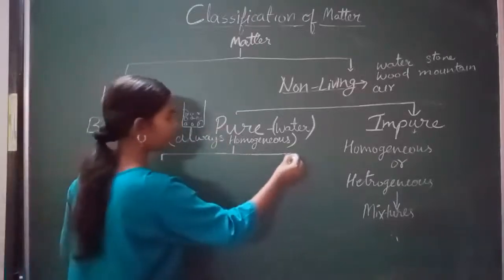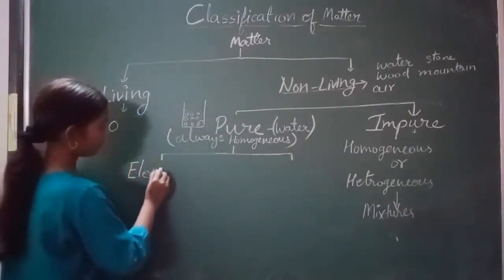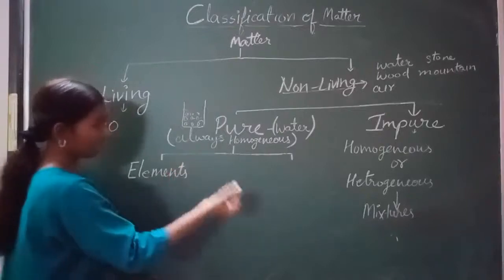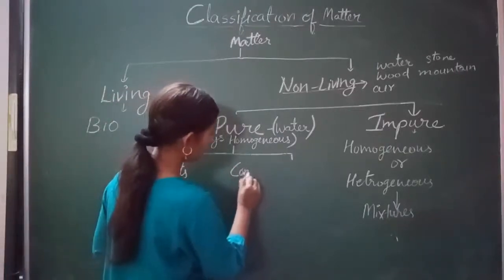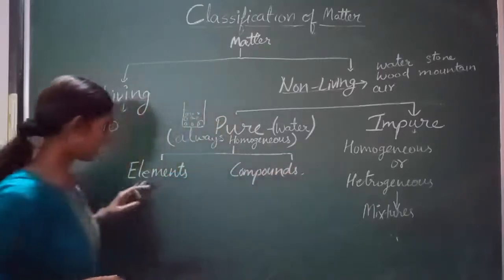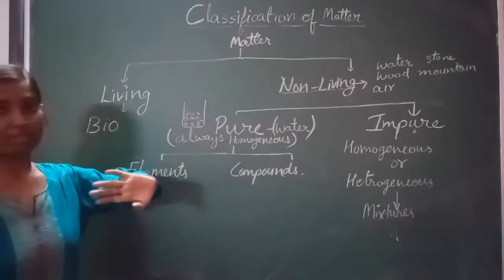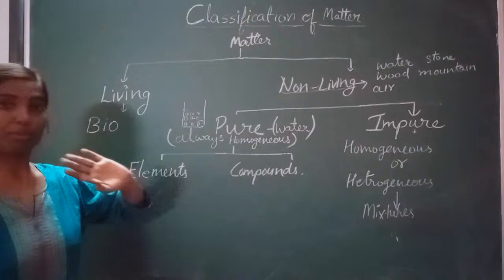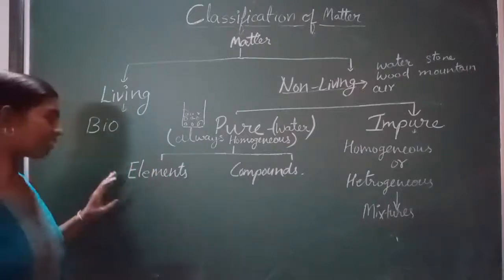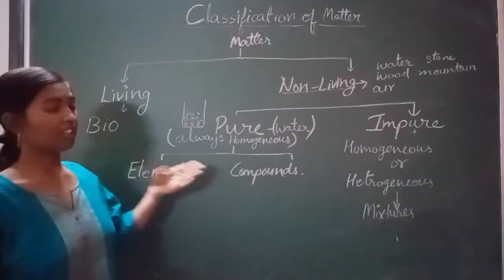First category is elements, and second category is compounds. Now let us see the difference between element and compound.